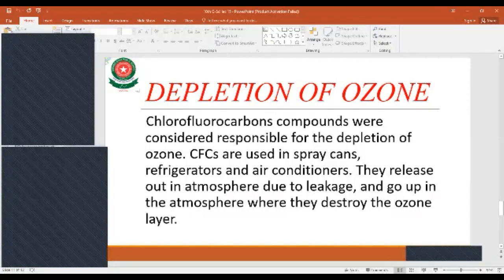CFCs are used in spray cans, refrigerators, and air conditioners. They are released into the atmosphere due to leakage and go up in the atmosphere where they destroy the ozone layer.